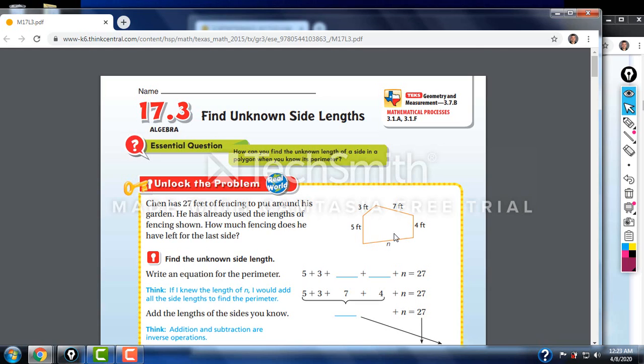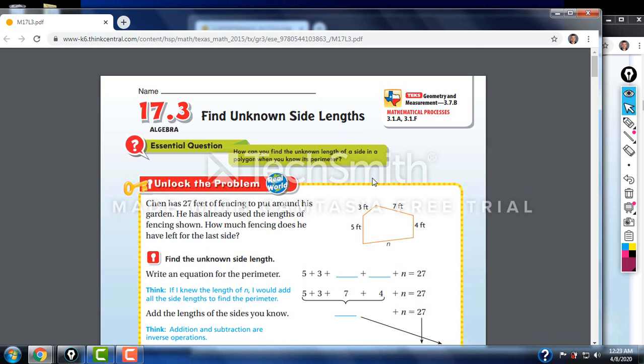So be careful that you understand that fact right there, because they may ask you to find the unknown length of a side, but they don't give you the perimeter. And then you're going to have to be able to explain, well, you can't do that. Just like with the fraction question when they divided that pie chart into equal parts.